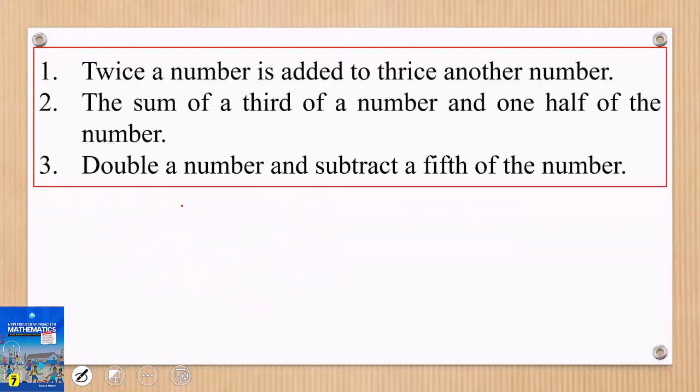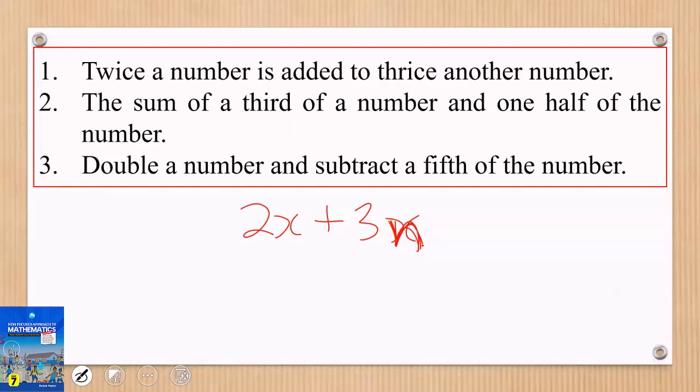Okay, now let's see additional ones. Let's say twice a number is added to thrice another number. Twice a number, I don't know the number, is added to thrice another number. So another number will be a different variable, because they are not the same.